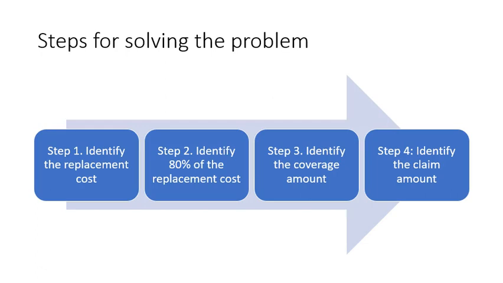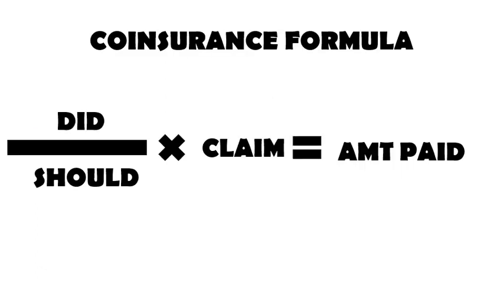If the coverage amount is equal to or greater than 80% of the replacement cost value, then there's no need to do the coinsurance formula, because the insurer will pay 100% of the partial claim. But if the coverage amount is less than 80% of the replacement cost value, then there's going to be a coinsurance penalty, and we'll need to do the formula.